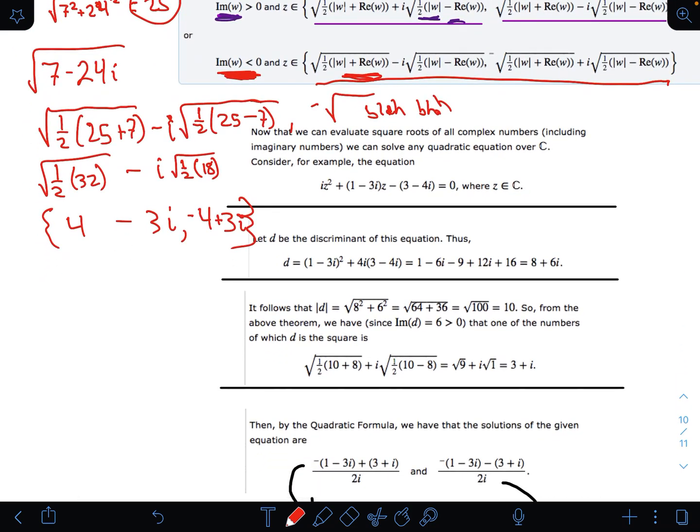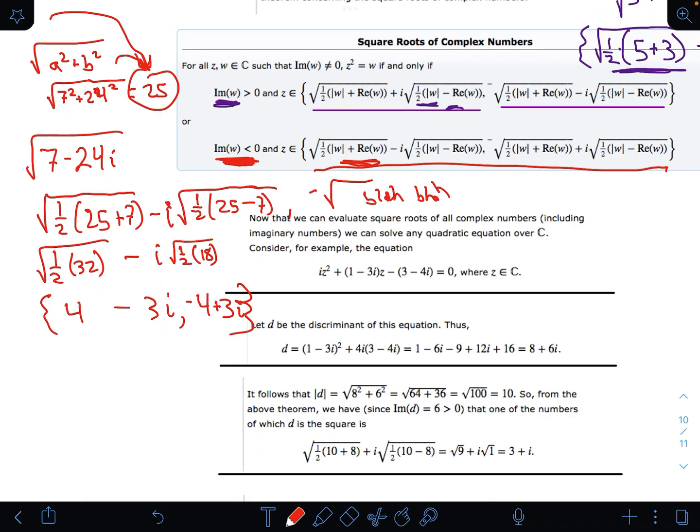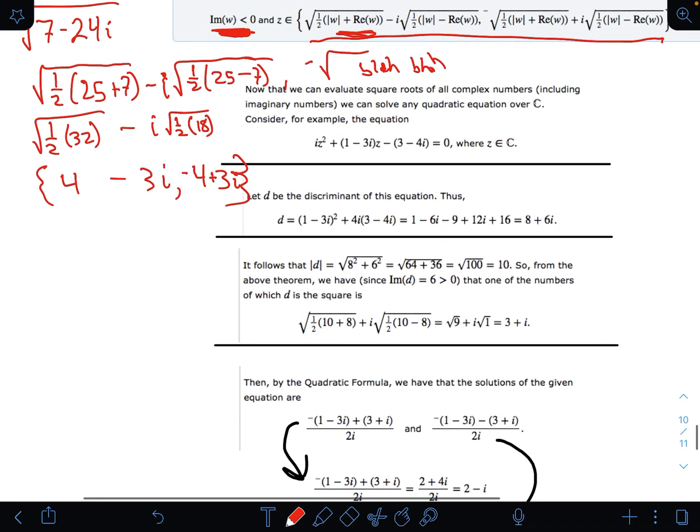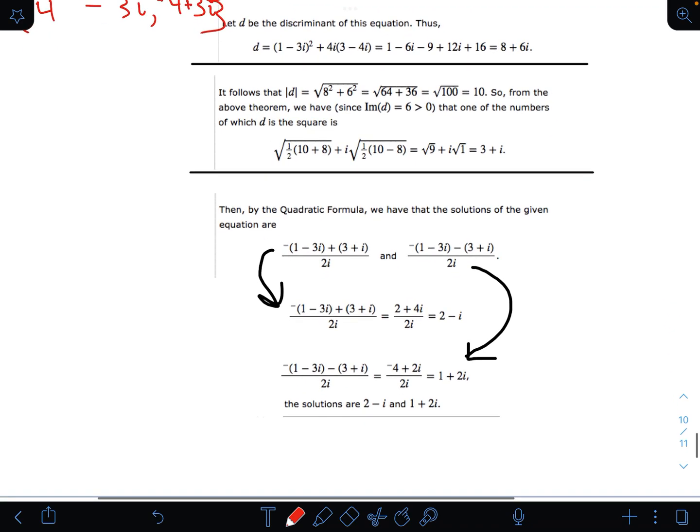All right, and this will be about the point where I start asking, do you have any questions? Anyway, you kind of need this square root of a complex number because you've got these complex numbers when you're doing the quadratic formula. If I have a discriminant that's something like 8 plus 6i, it's like, oopsie.